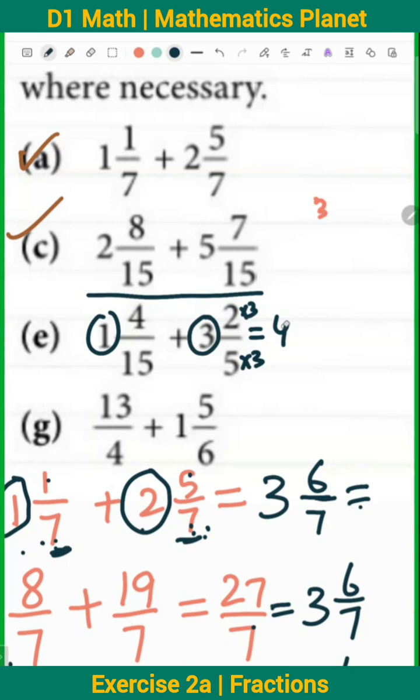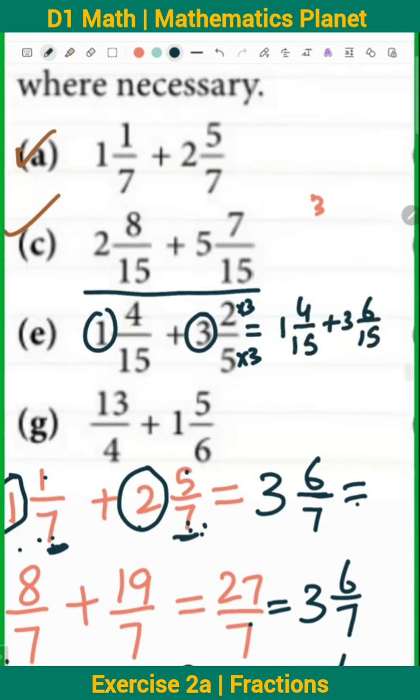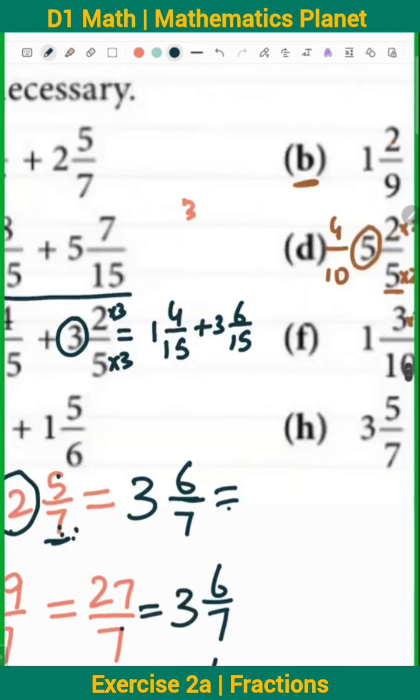We got it like this. Then we can write 3 plus 1 is 4. 6 plus 4 is 10 by 15. And further, we need to simplify it. 5 times 2 is 10. 5 times 3 is 15. So this will be our final answer.